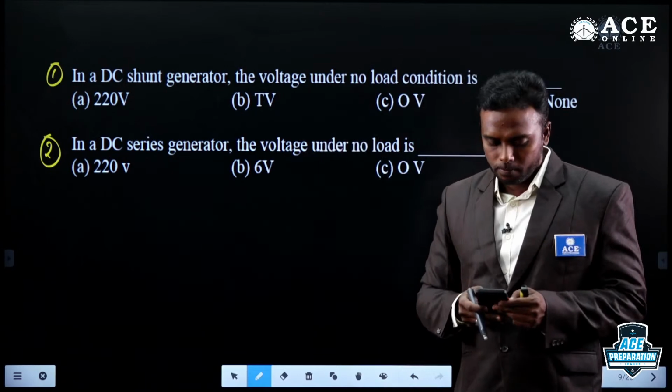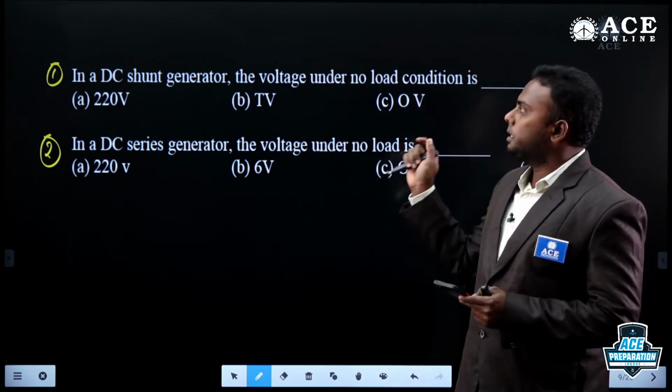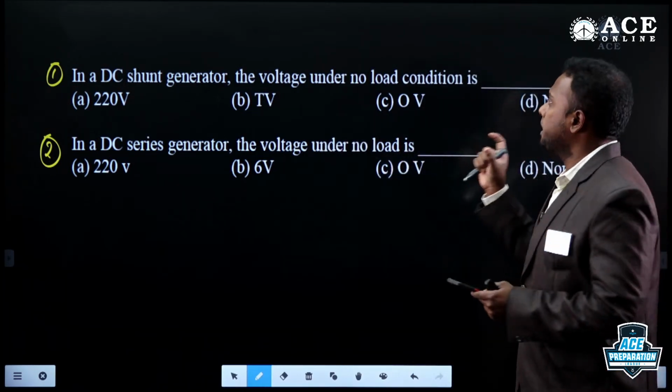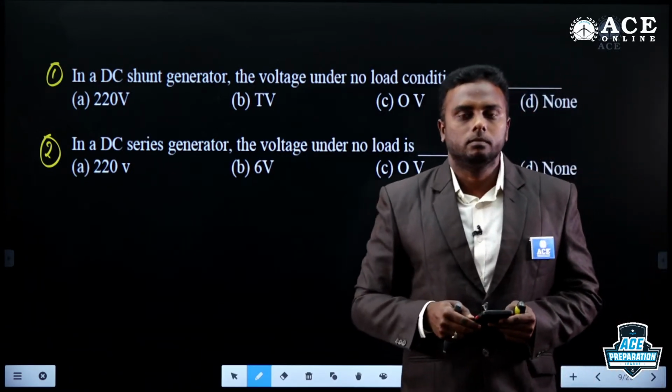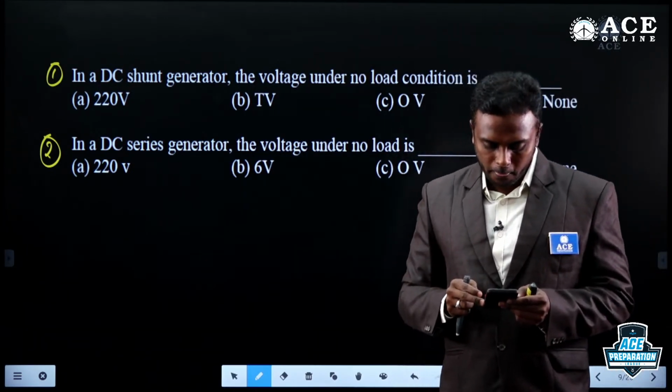See the first question. In a DC shunt generator, the voltage under no load condition is dash. Try to answer this first question.